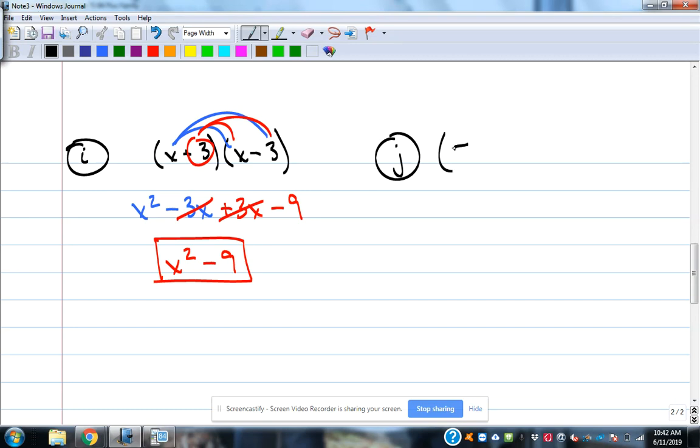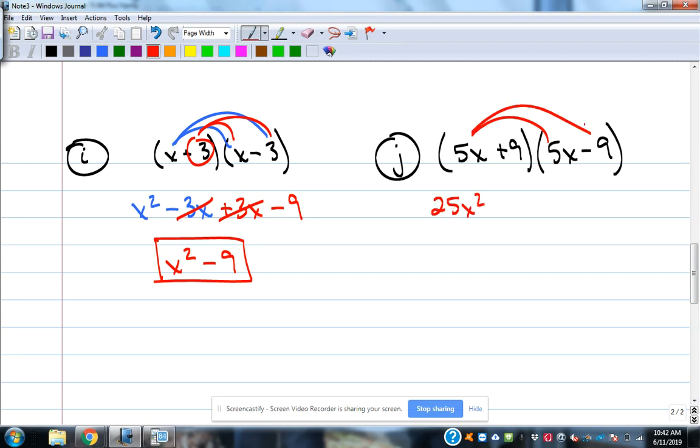Let's do one more of those difference of squares. 5x plus 9, 5x minus 9. Again, it's just distributive property. 25x squared. Just a little bit bigger numbers here. 5 times negative 9 would be negative 45x.